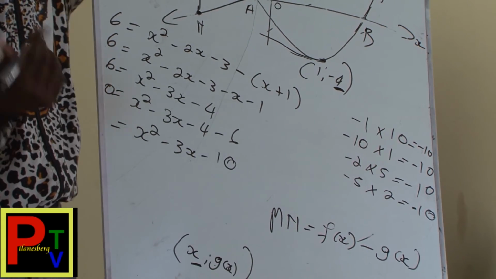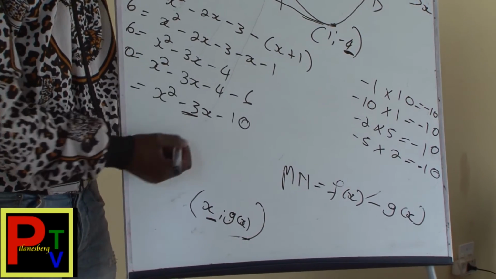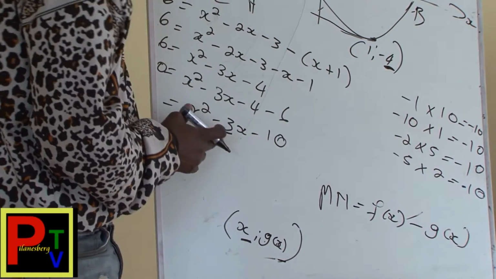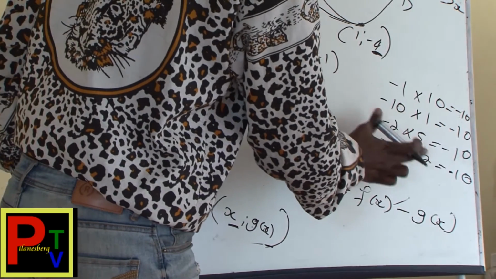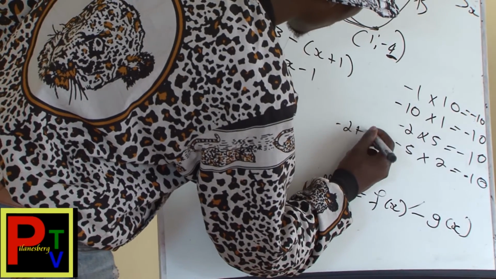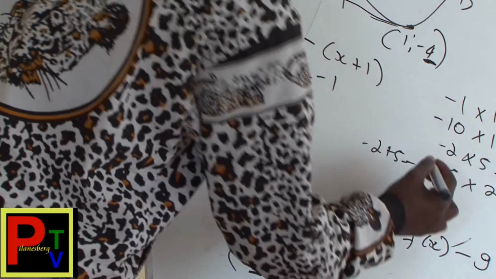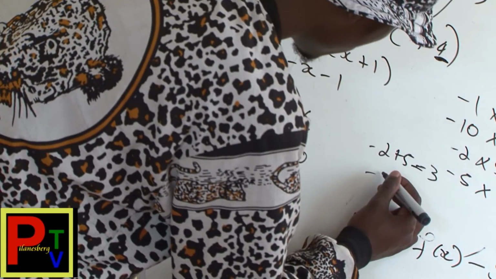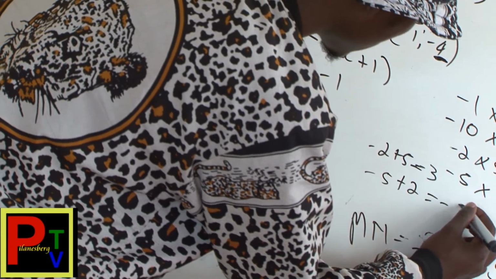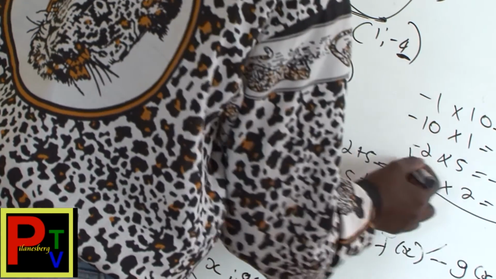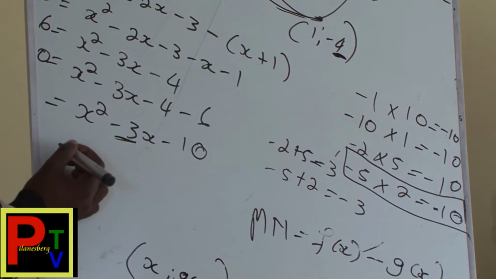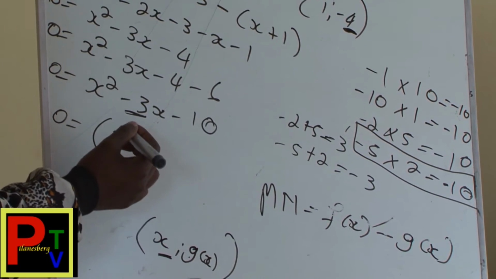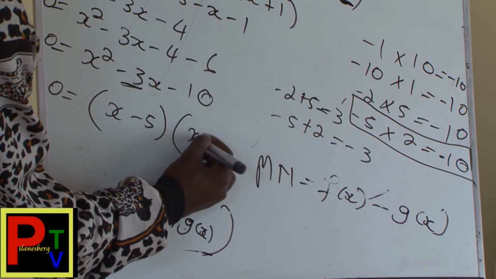We are looking for the pair that adds up to negative 3, the middle term b. The first two are far from making negative 3. What is negative 2 plus 5? Take the sign of the bigger number, which gives positive 3, and we are looking for negative 3. What is negative 5 plus 2? That gives negative 3, so we take this pair. Those are the factors: x minus 5 and x plus 2.